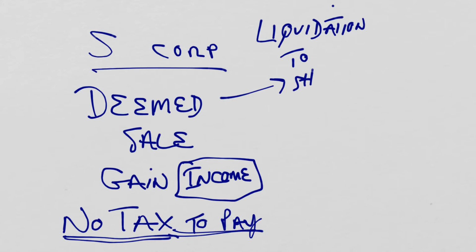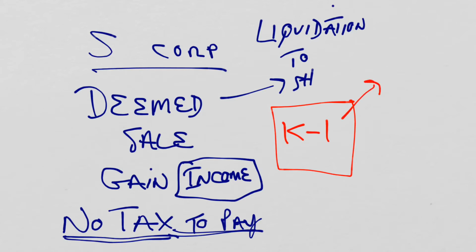And we're going to compute a gain, and that gain's going to get sent over to the shareholder vis-a-vis, you guessed it, the K1. But there's no tax at the corporation level. Yes, the shareholder will pay the tax, but it's the same solution that we were looking for with the C corporations in general, only tax one time. That's it.